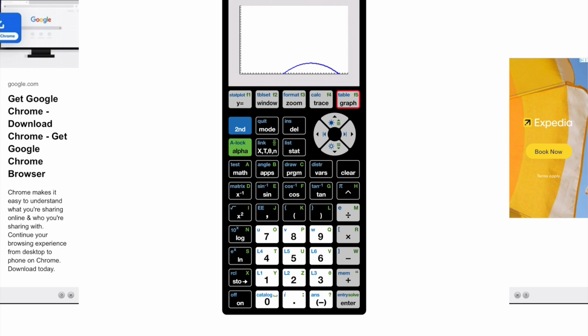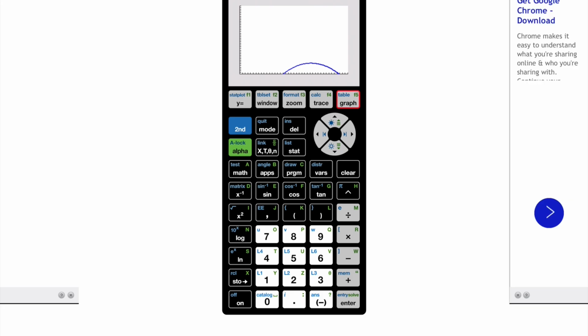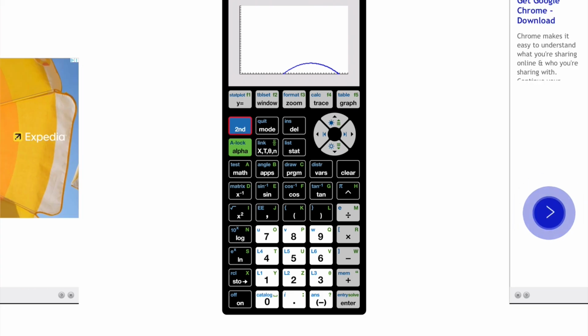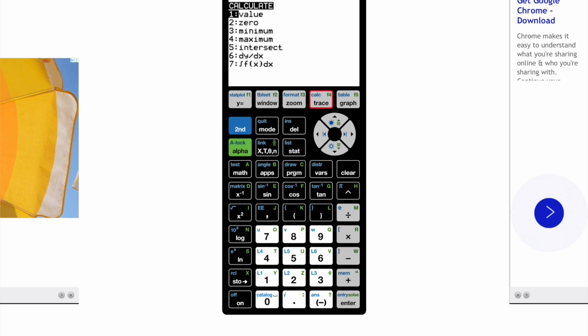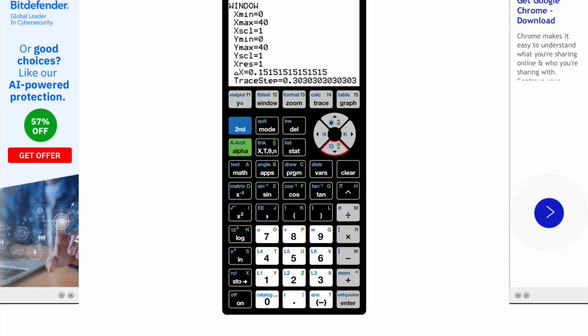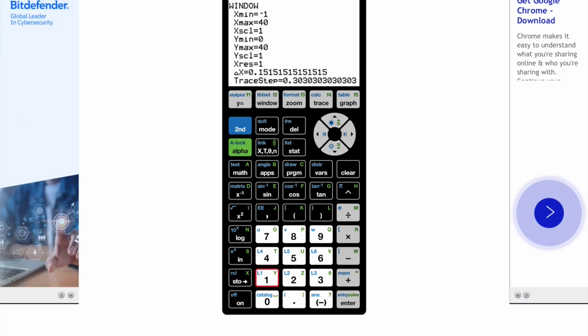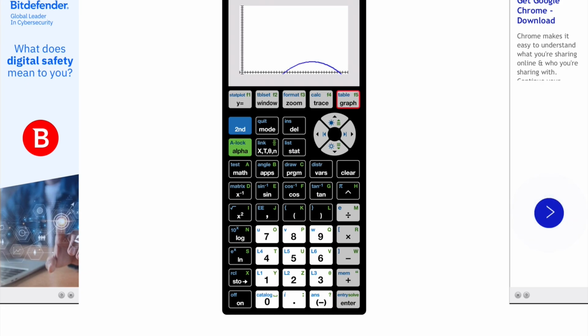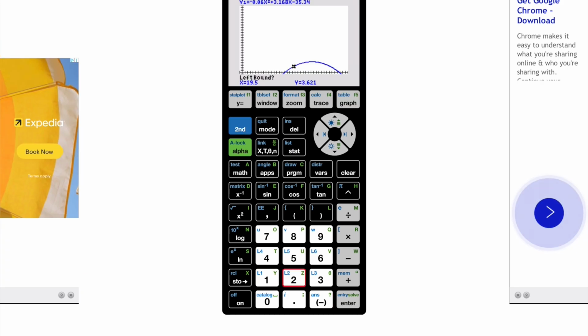So they're asking us, how far is it from the goal line? So we'll have to find the first intercept for this. So second trace 0. Also, the window setting, let's change it to -1 so that it's easier for my graph to find the value. So second trace 2.